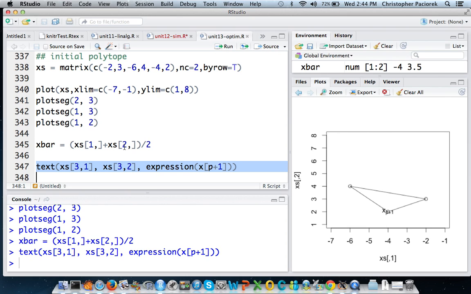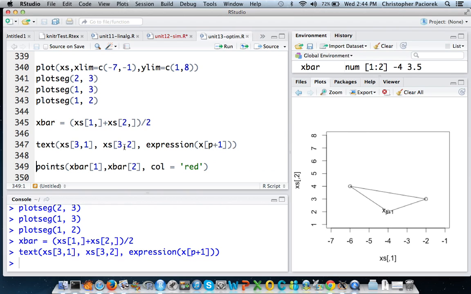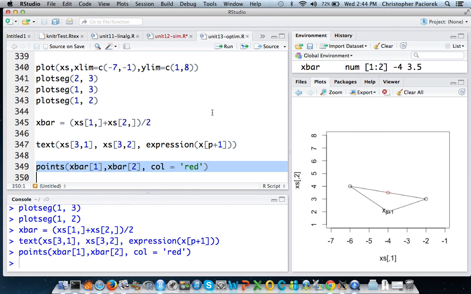So there's xp plus 1. Sorry, that didn't come out very well in terms of labeling. And there's the mean of the better points. So this is the worst point, and here's the mean of the better points. The first move, the reflection move, is to move along this direction, along the line that connects these 2 points.